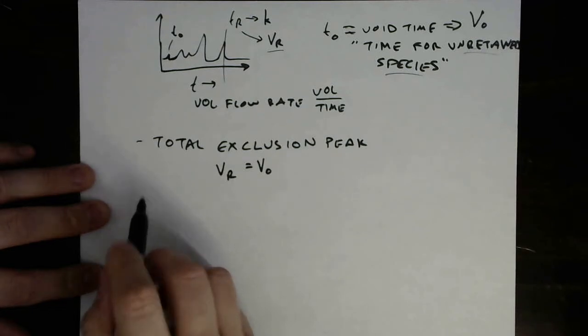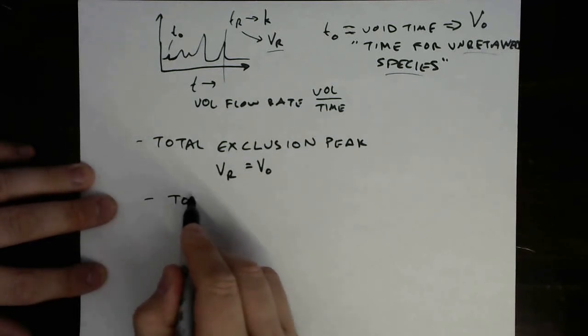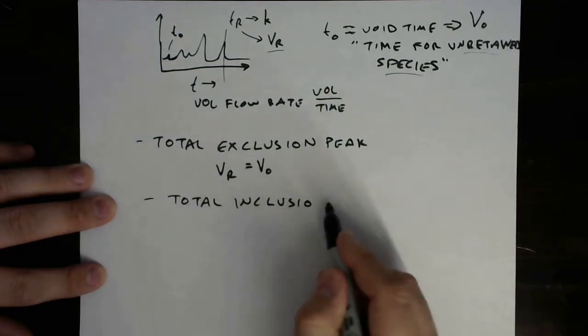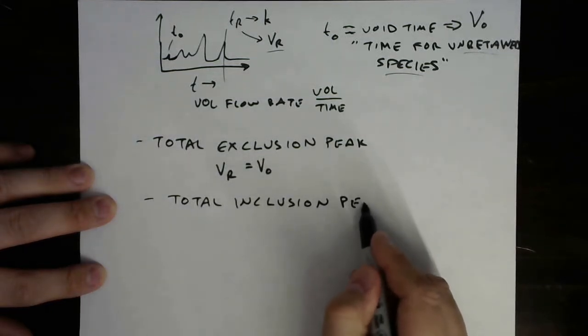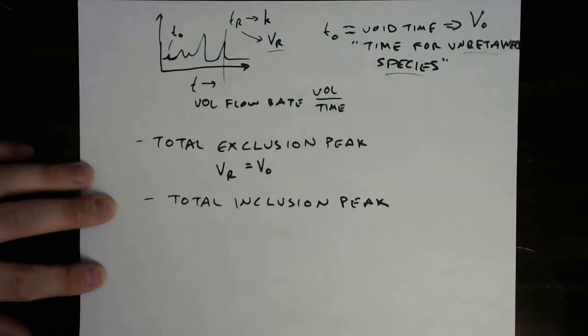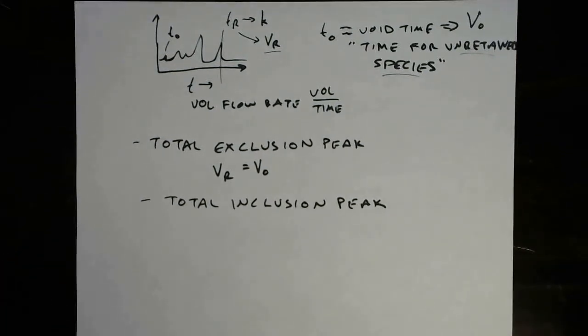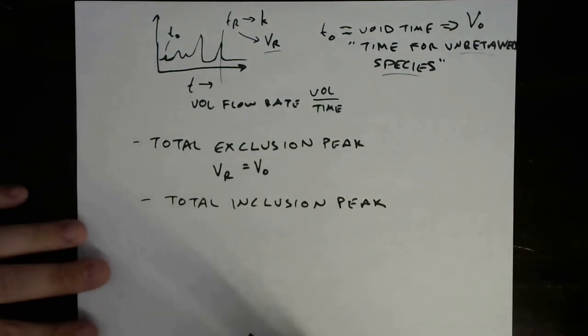Our total inclusion peak is something else. We're saying that the species in the total inclusion peak has sampled all of the intraparticle volume, all of the porosity of the stationary phase particle.